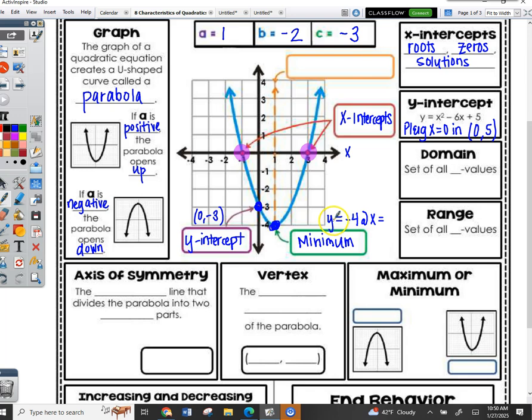It has a minimum of y equals -4, and it's at the x value of 1. It's a backwards way of writing the coordinate point. What is the coordinate point here? It's 1, -4. Well, if I want to discuss it as a minimum, I basically have to say, okay, it's a -4, where? At x equals 1.